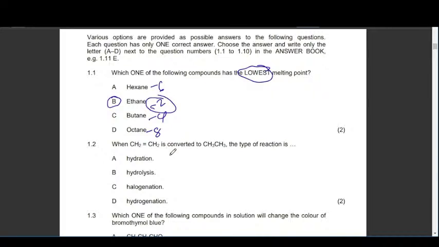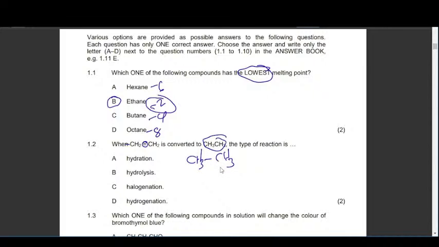So they're saying that when ethene is converted into ethane, what is the type of reaction? If you look at this double bond, when one of the bonds breaks, it's going to create CH3, as they have shown it here. But how does it come to this?